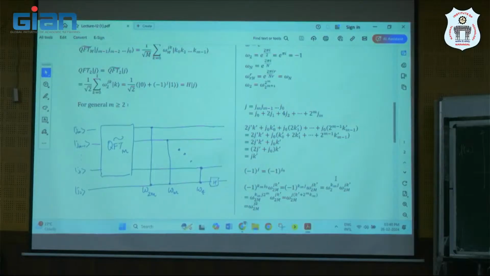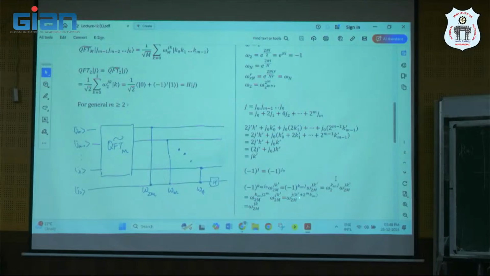Yes? Let's slowly see it again. Minus 1, this one is the same as this because only j naught matters. Minus 1 is omega 2. So we get omega 2 to the kmj. We use the same formula, change the base from 2 to 2m, multiply superscript by 2 to the m, correct? Now we have this thing and jk prime.